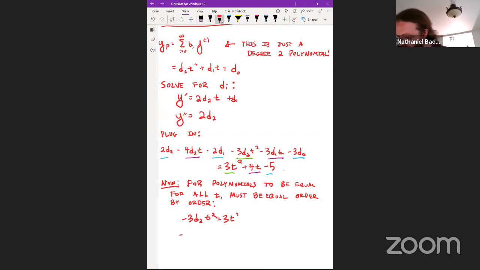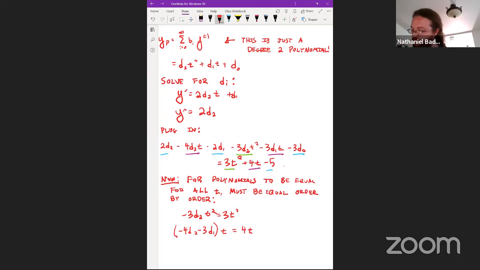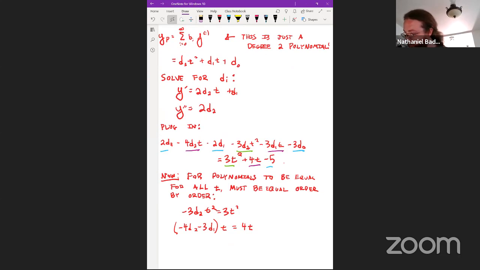Second, we're going to have minus 4 d2 minus 3 d1 times t equals 4t. And then finally, we're going to have 2 d2 minus 2 d1 minus 3 d0 equals minus 5. Okay. Any questions?